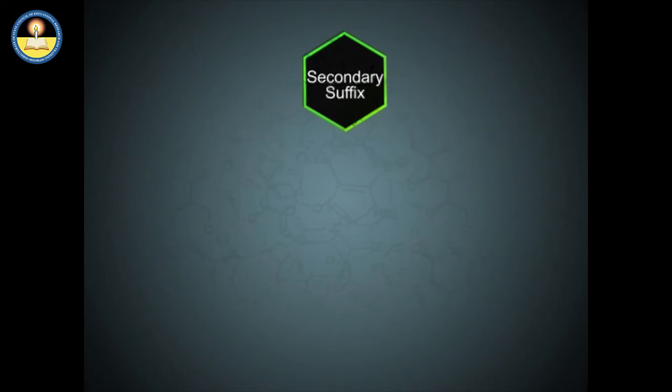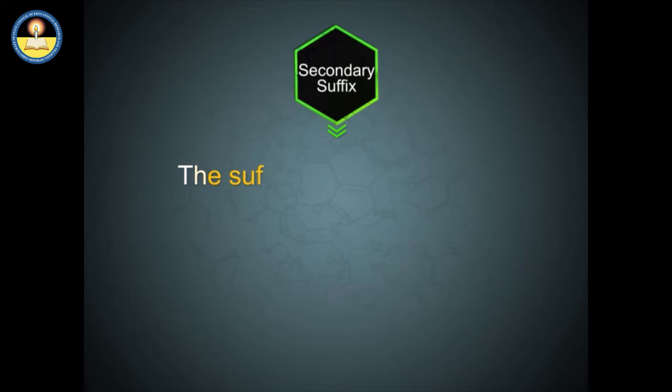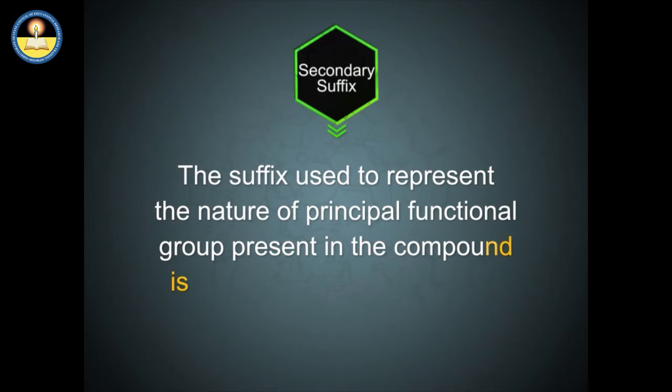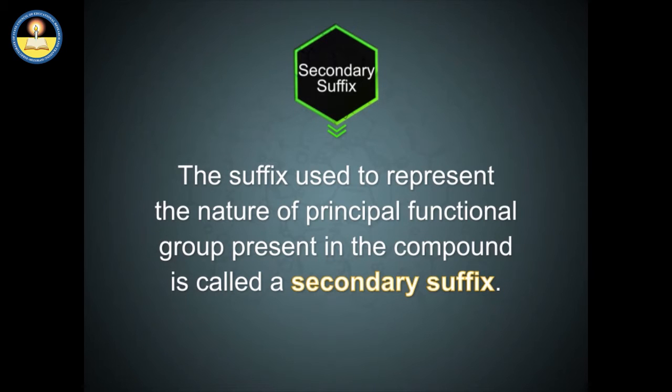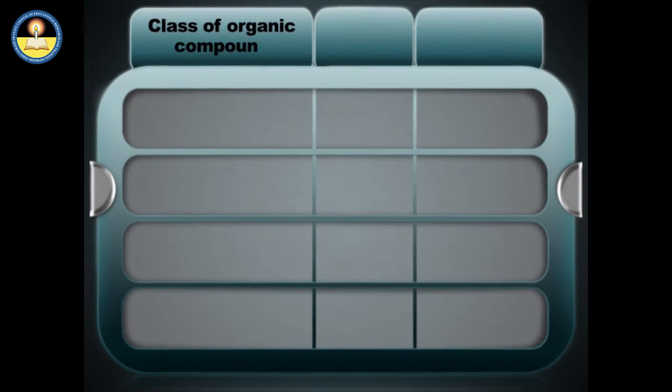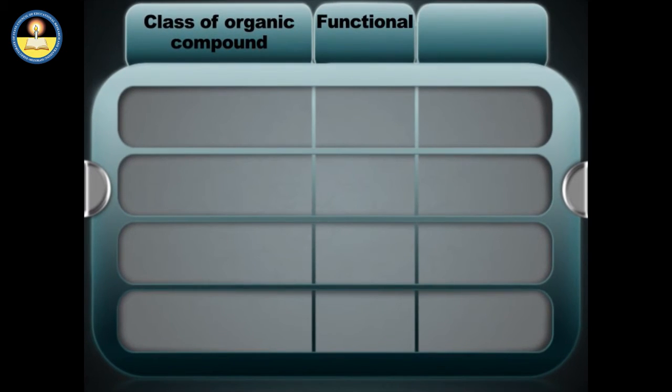Secondary suffix. The suffix used to represent the nature of the principal functional group present in the compound is called a secondary suffix. Let us have a look at some classes of organic compounds, functional group, and secondary suffix in them.